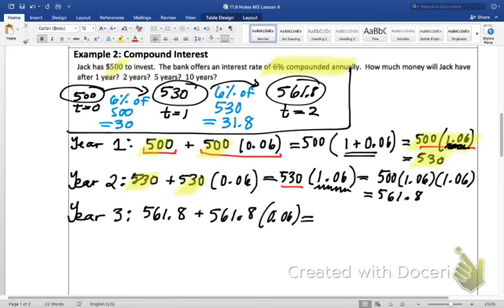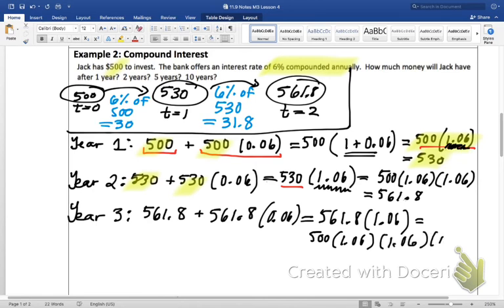And again, with my reverse distributive property, I can take out the 561.8 and write this as 1.06, which really means this long repeated multiplication of 500 times 1.06 times 1.06 again times 1.06 again.